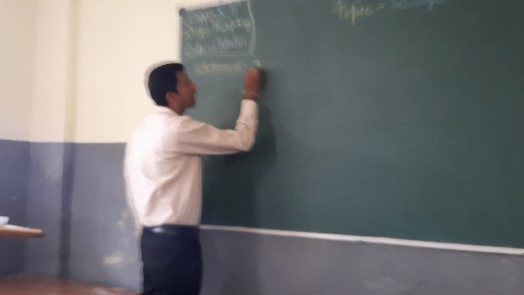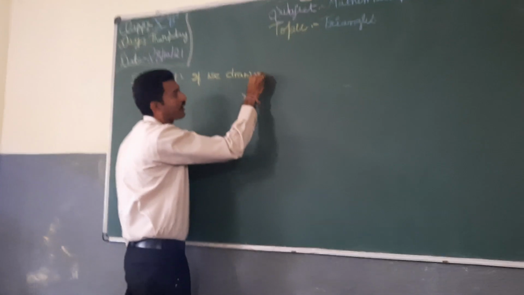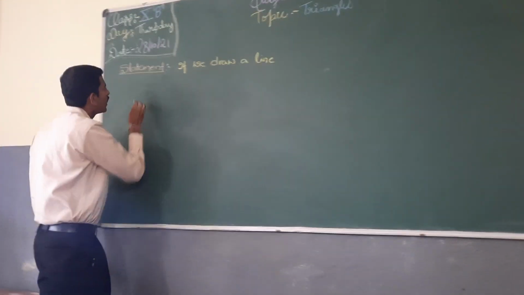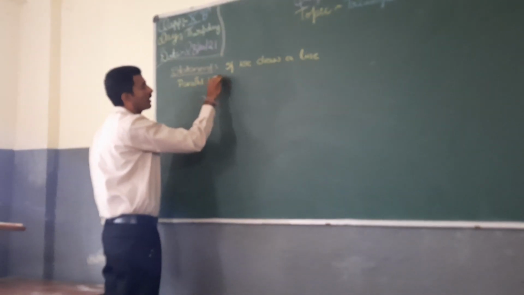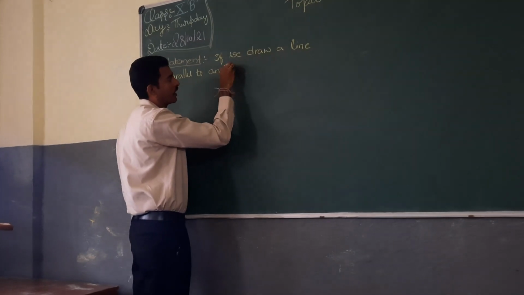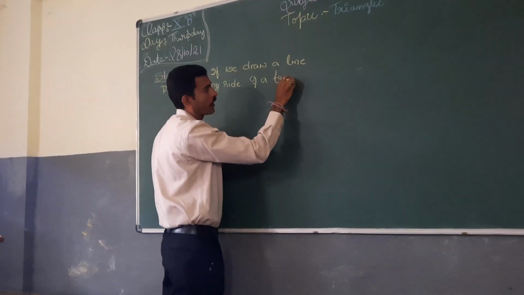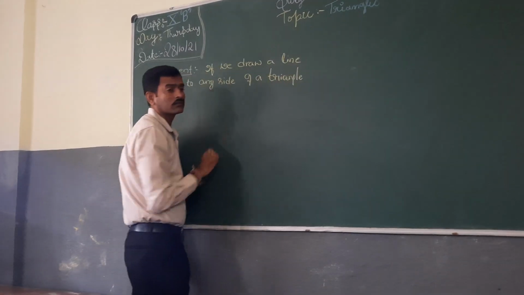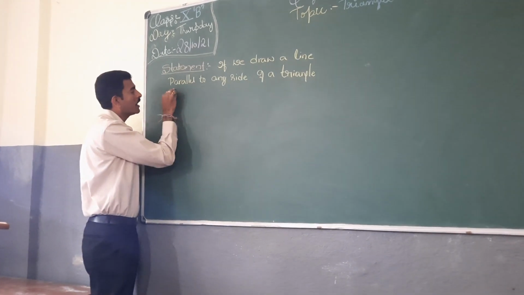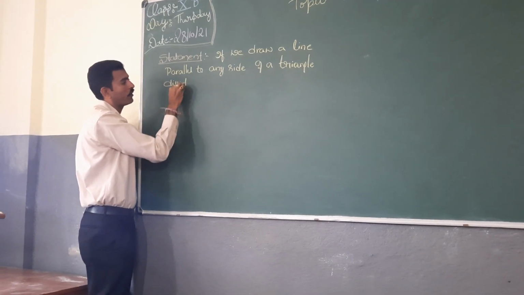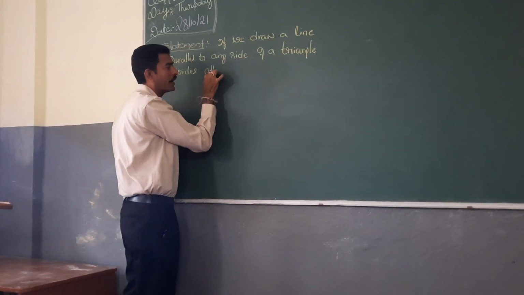The statement is, if we draw a line parallel to any side of a triangle, that line divides the other two sides.